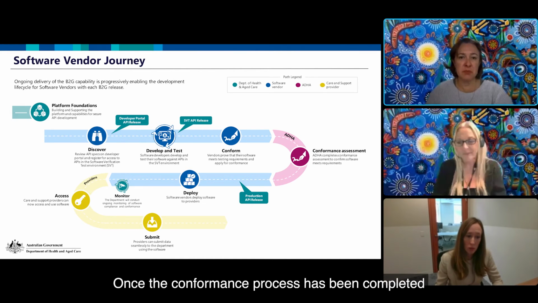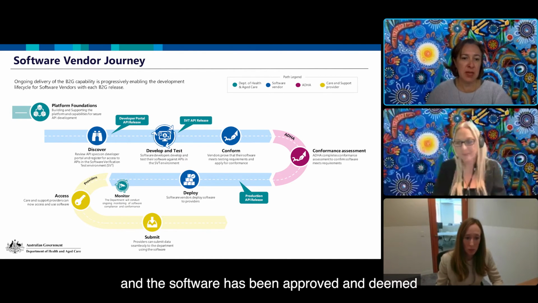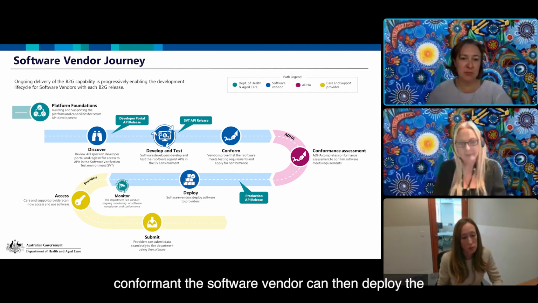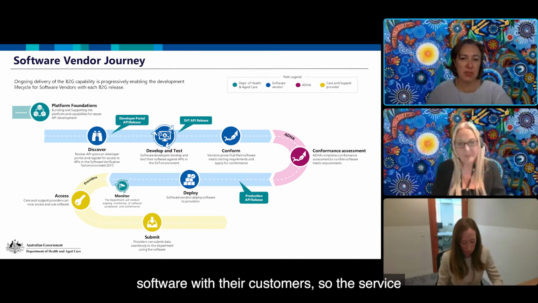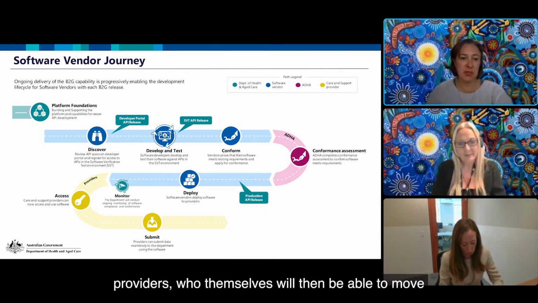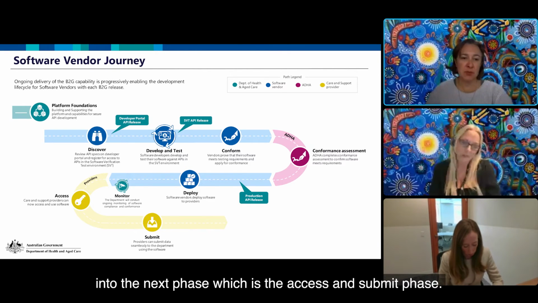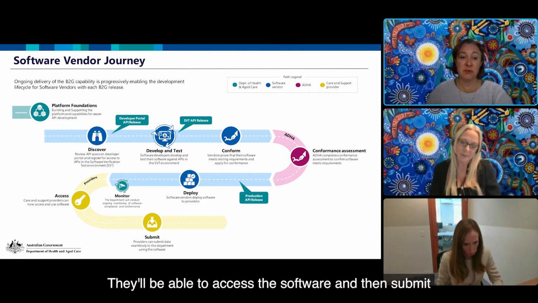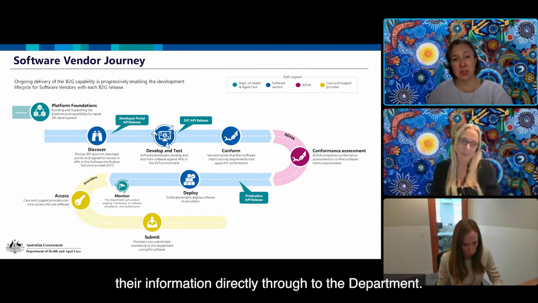Once the software has been approved and deemed conformant, the software vendor can deploy the software with their customers, the service providers, who will then move into the next phase, the access and submit phase. They'll be able to access the software and then submit their information directly through to the department.